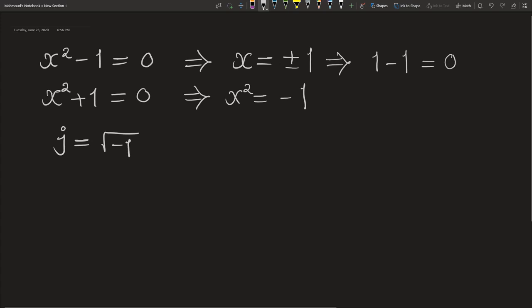Having introduced this new quantity, which we call an imaginary number, we see that the solution to the equation x squared equal to negative 1 then becomes x being equal to plus or minus j.